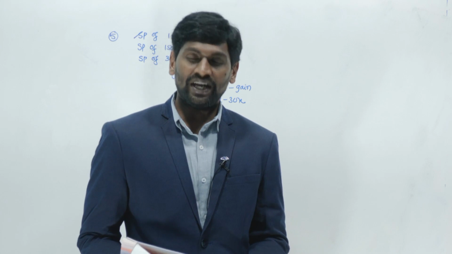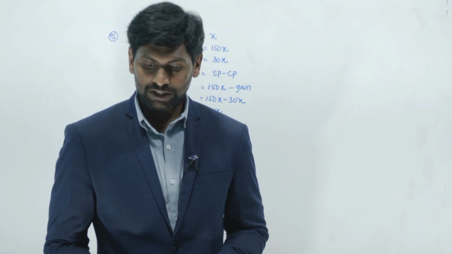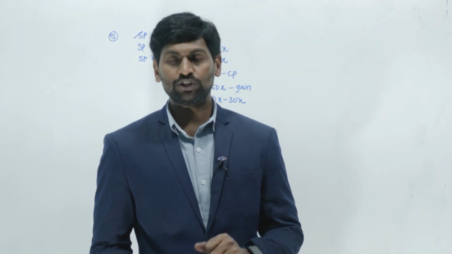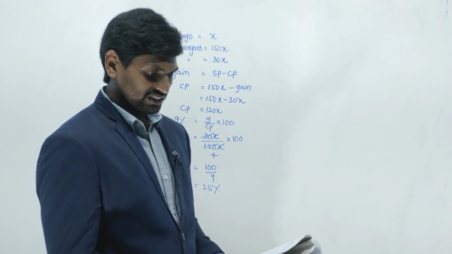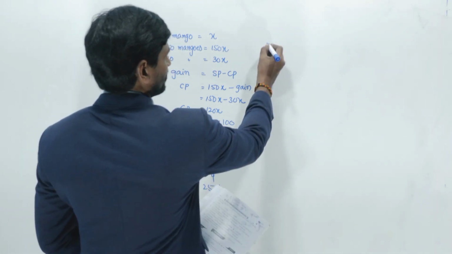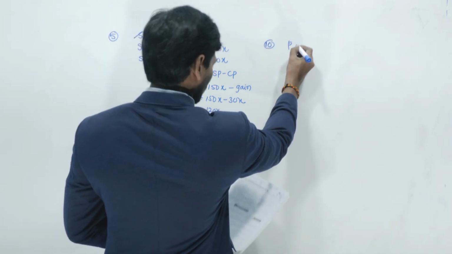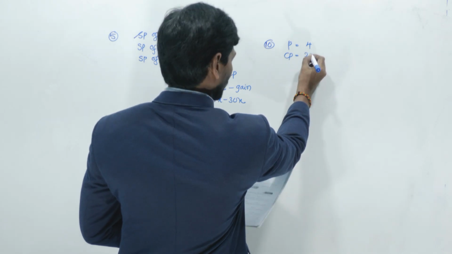The profit made on a packet of tea is 4 rupees. The cost price of a packet is 20 rupees. Then find the profit percentage. Profit is directly given and CP is given. Write the profit percentage formula. Profit is 4 rupees, cost price is 20 rupees.